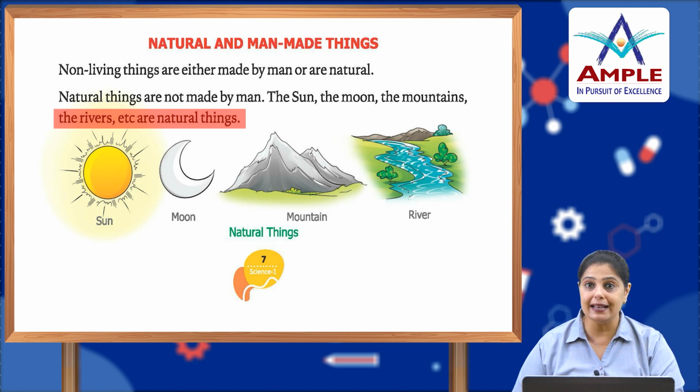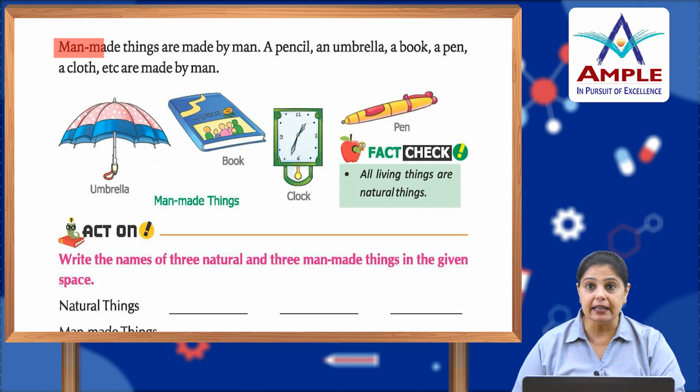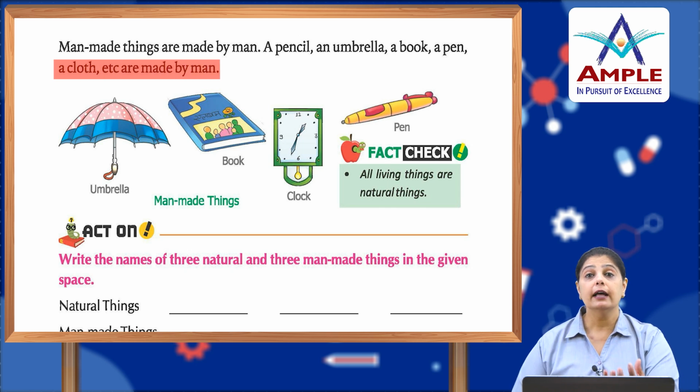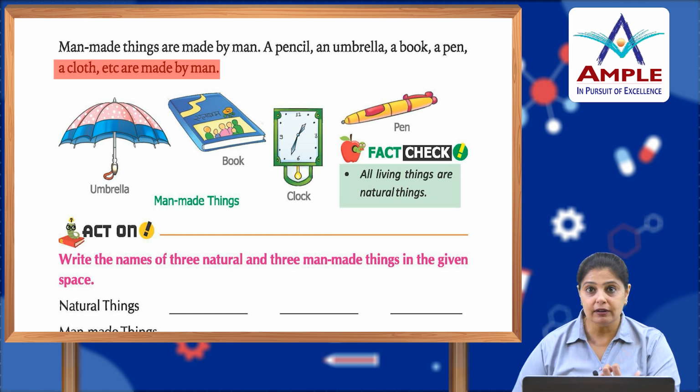They are already existing. Now, man-made things are made by man. A pencil, an umbrella, a book, a pen, a cloth, etc. These are all made by man. So, what happens is that the man, or the woman or the person, they take things from the nature and then they create things for us.